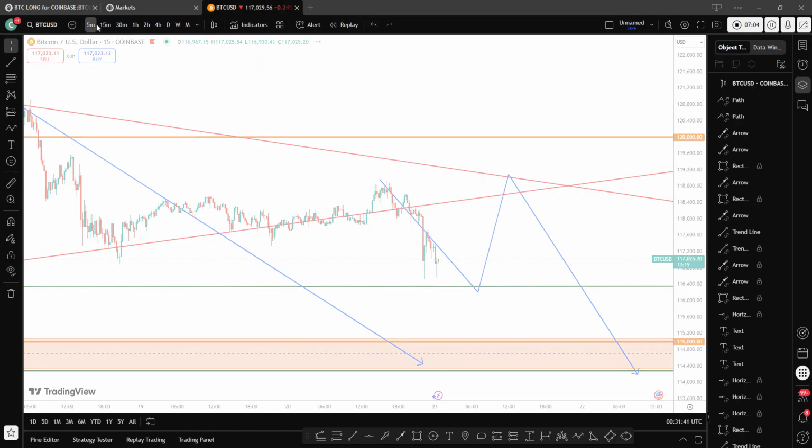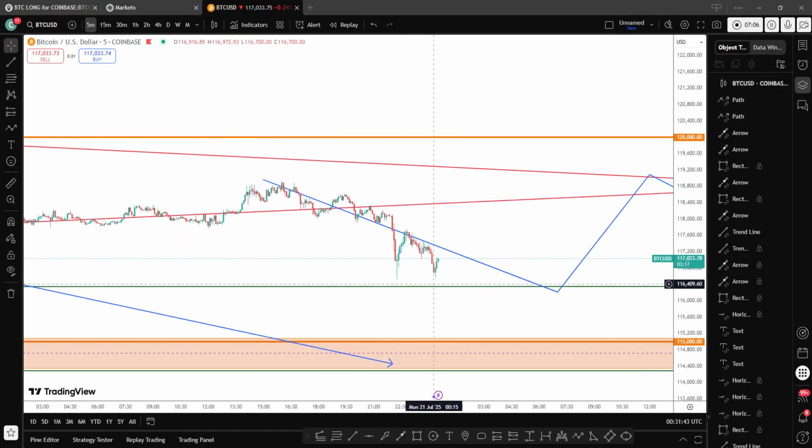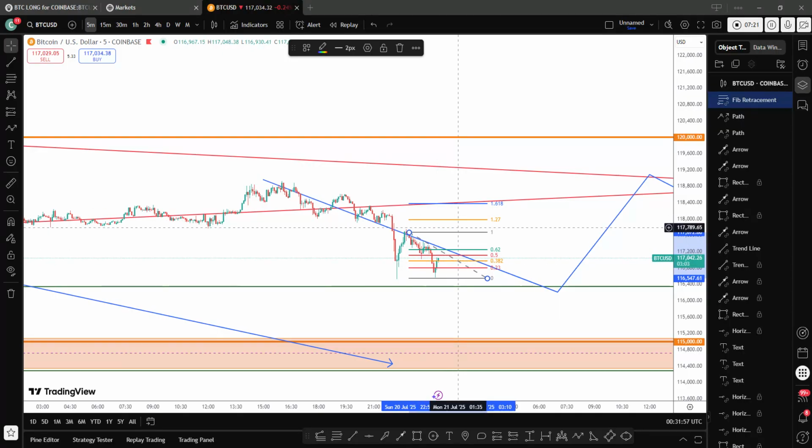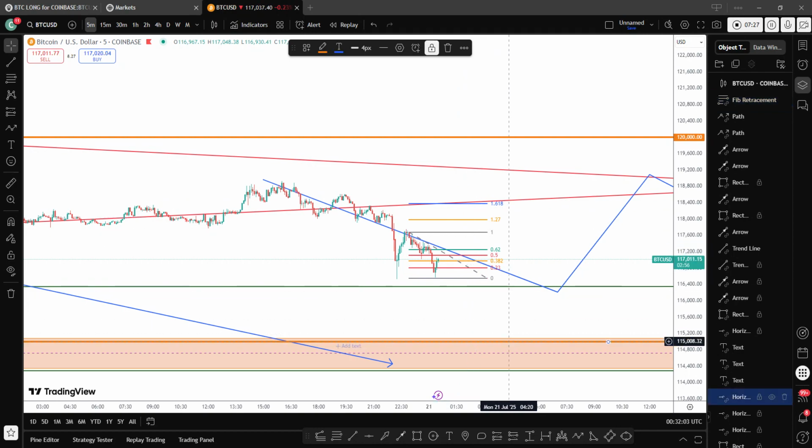So when we come to our 5 minutes, we see this happening already. So we can draw something like this. Once we draw something like this, you see, when we see price move up onto this area, then what? It will sell down into this area.